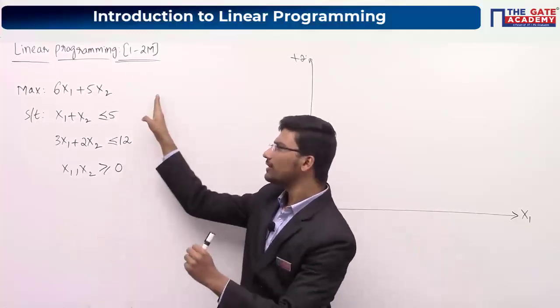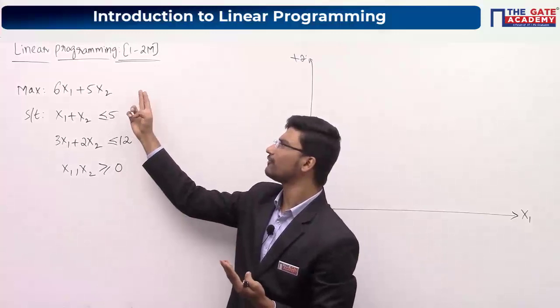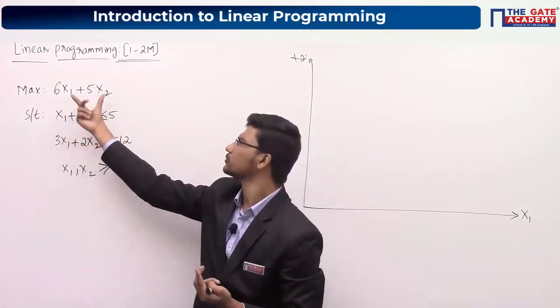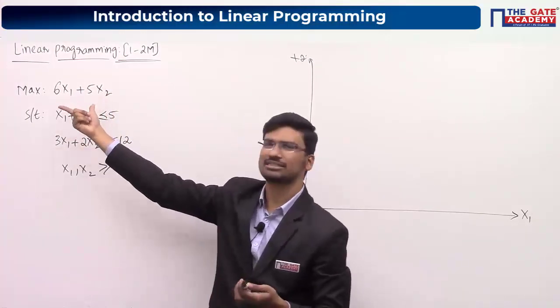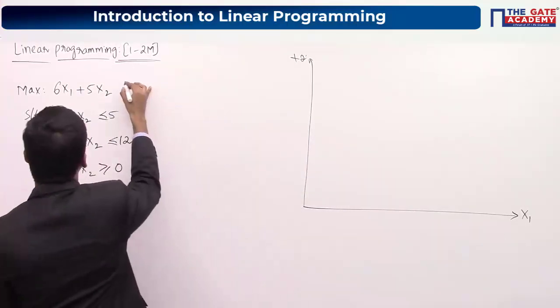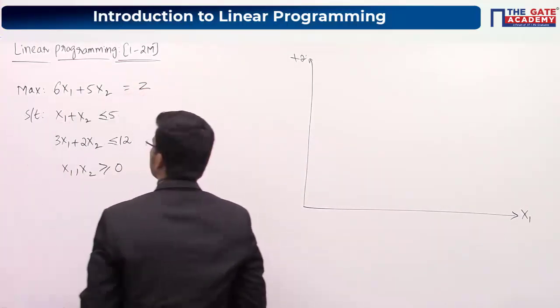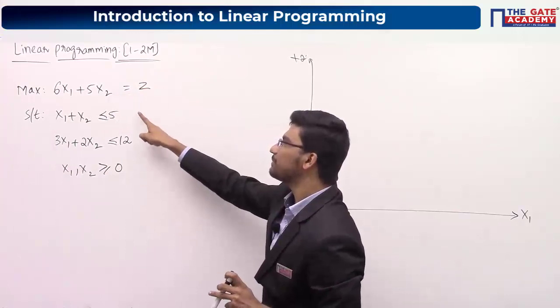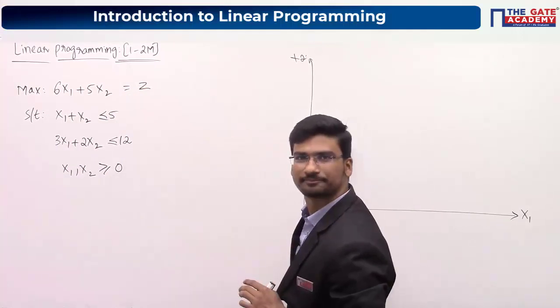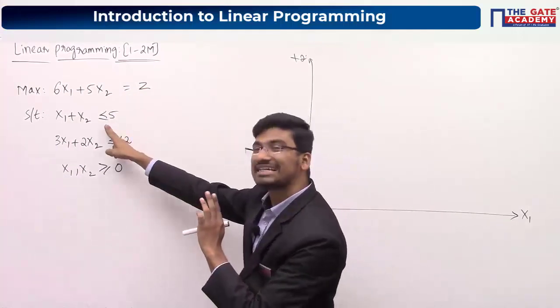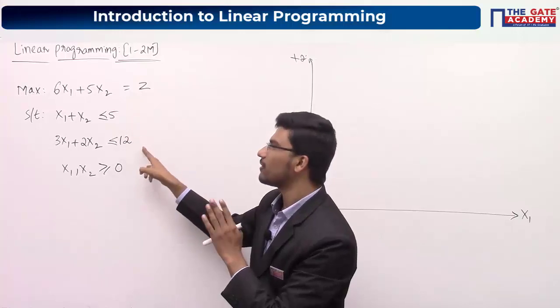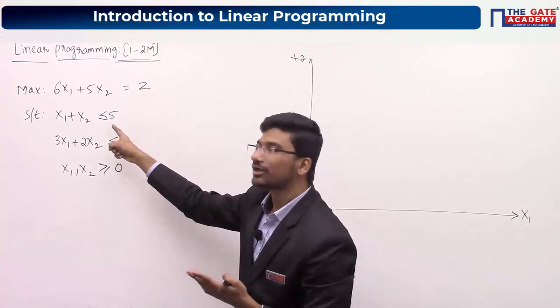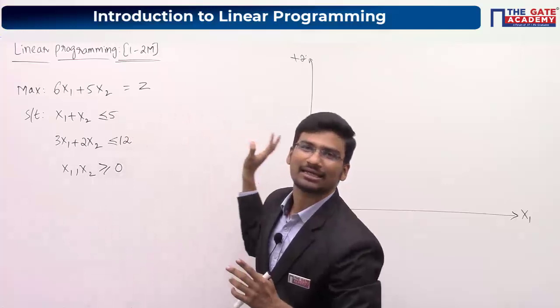Fine. So to solve this problem, ultimately what do we have to find? We have to find the x1 and x2 values which maximize this objective function. Let us say it is z. Now what you have to do is plot these constraints in the graph. These constraints are in the form of inequalities, and you cannot directly plot an inequality in the graph.